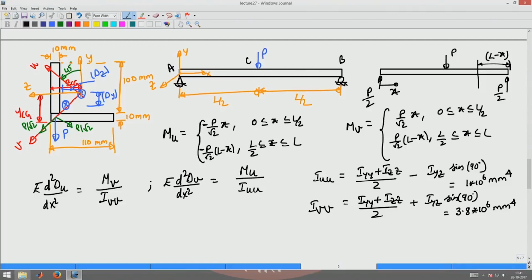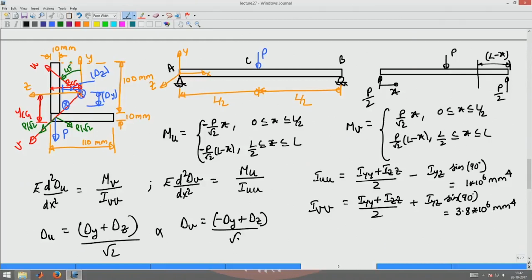You can then show that delta u would be given by delta y that we found in the previous expression plus delta z by root 2, and delta v would be given by minus delta y plus delta z by root 2. I will leave this as an exercise for you to work out and show.